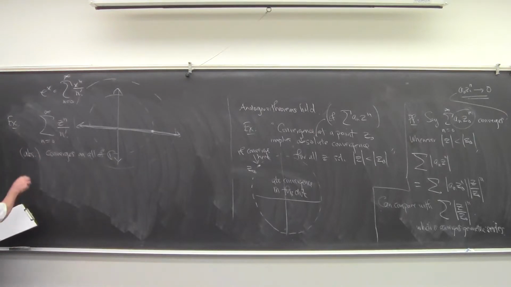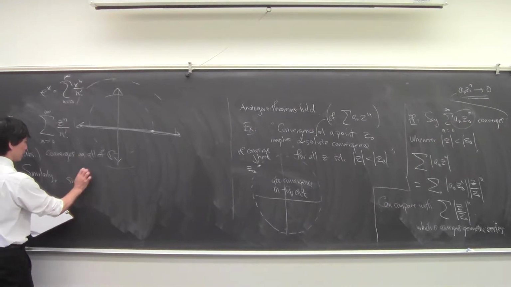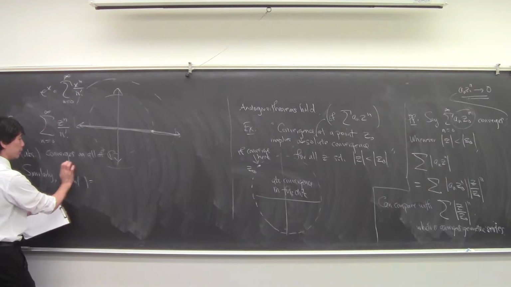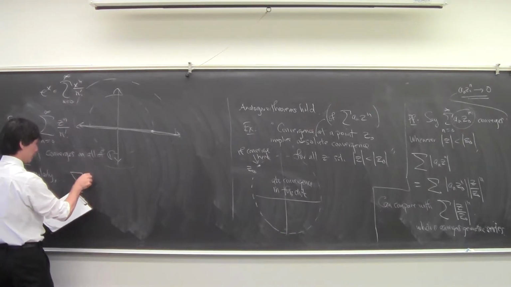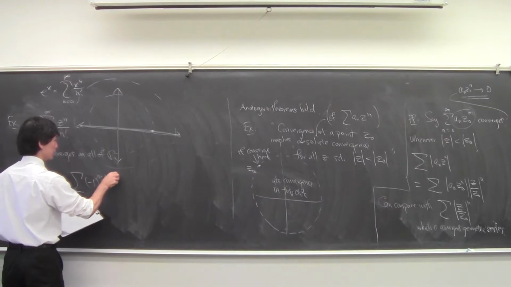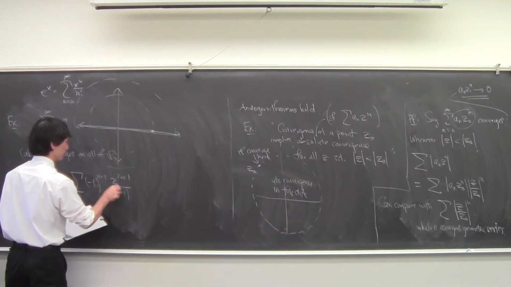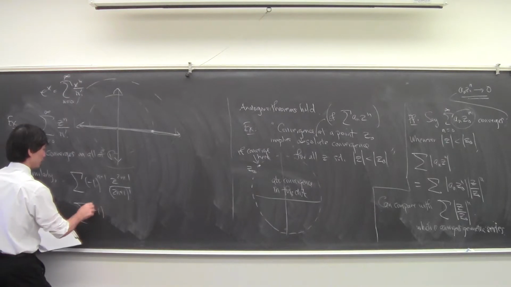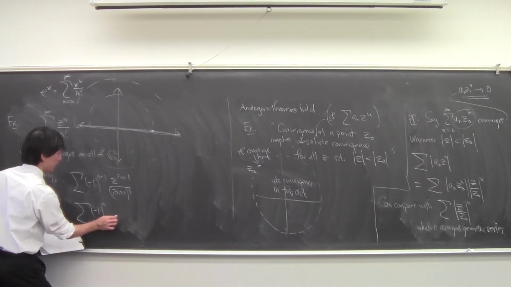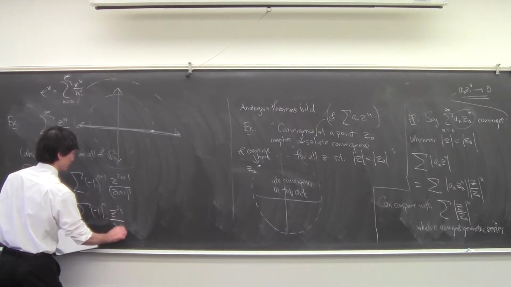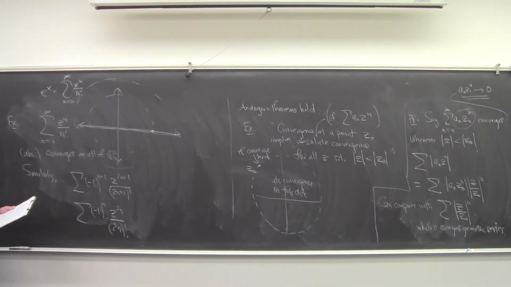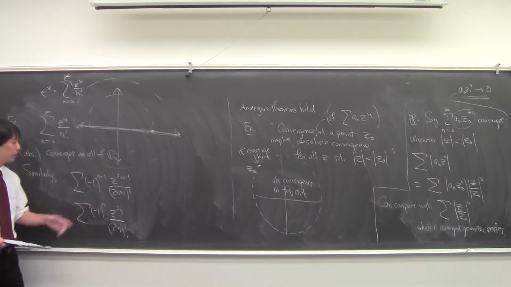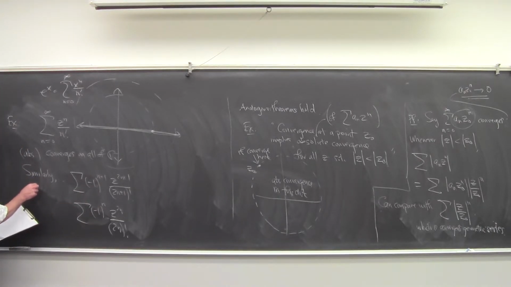Similarly, if we look at summation negative 1 to the n, z to the 2n plus 1 over 2n plus 1 factorial, or summation negative 1 to the n, z to the 2n over 2n factorial, these are the generalizations of the sine x and cosine x series.